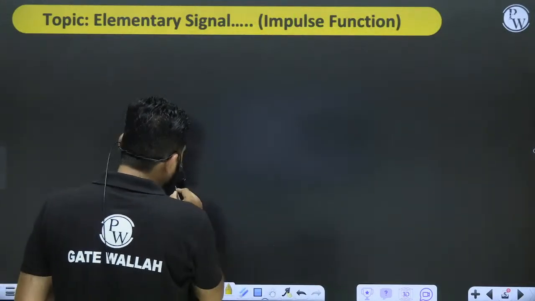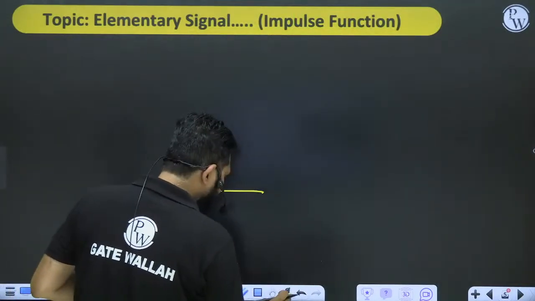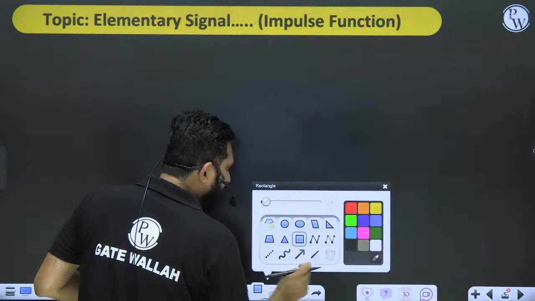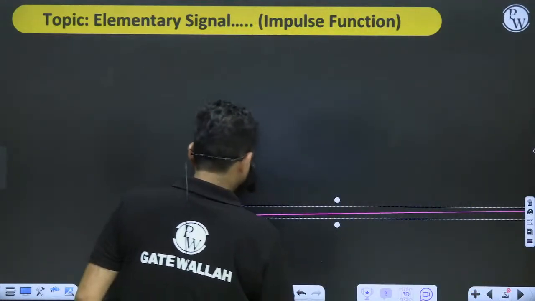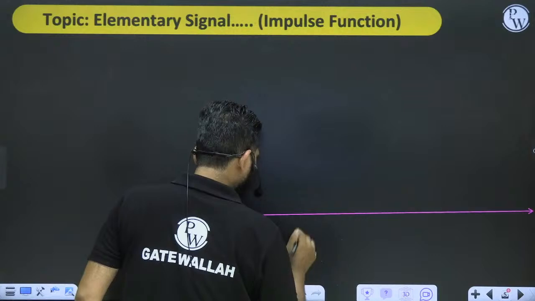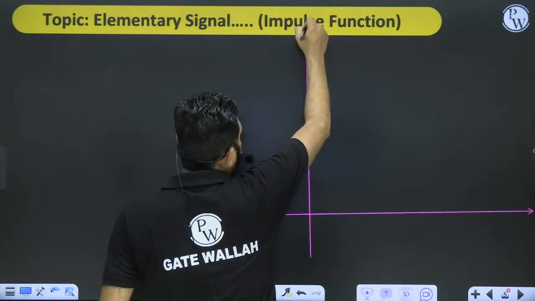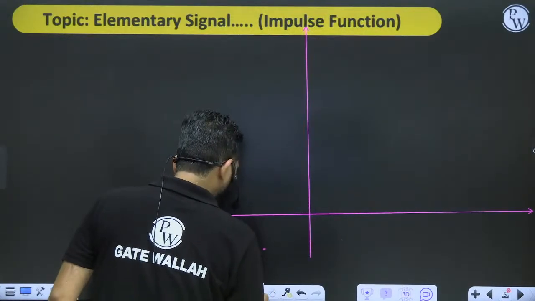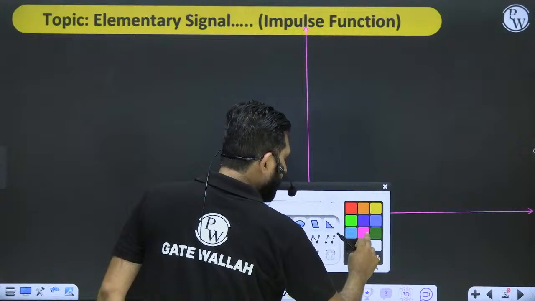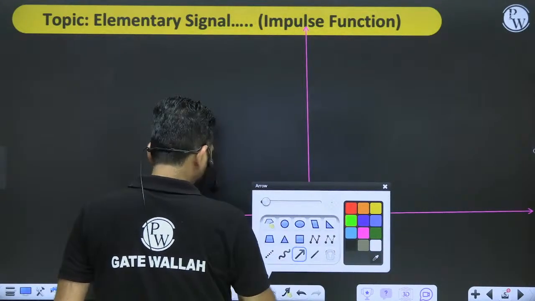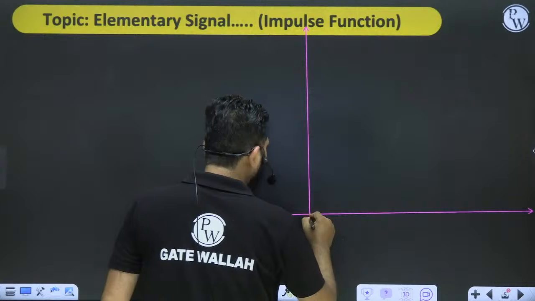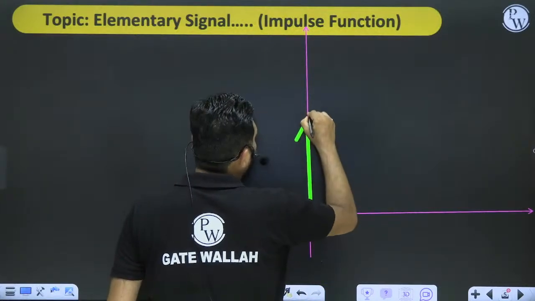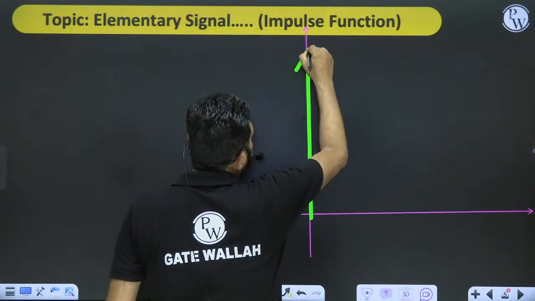I will say that I have a function which is like this, which exists for a momentary amount of time.